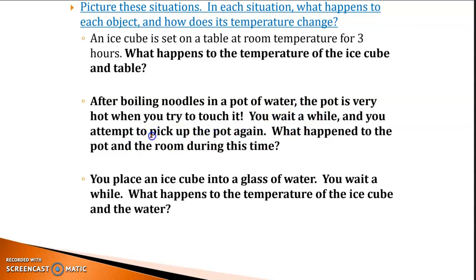What do you notice this time? And also, putting an ice cube in a glass of water, you wait a while. What happens to the temperature of the ice cube in the water? So once again, take a moment and think about what happens in each of these 3 situations. Pause the video and hit play when you're ready again.